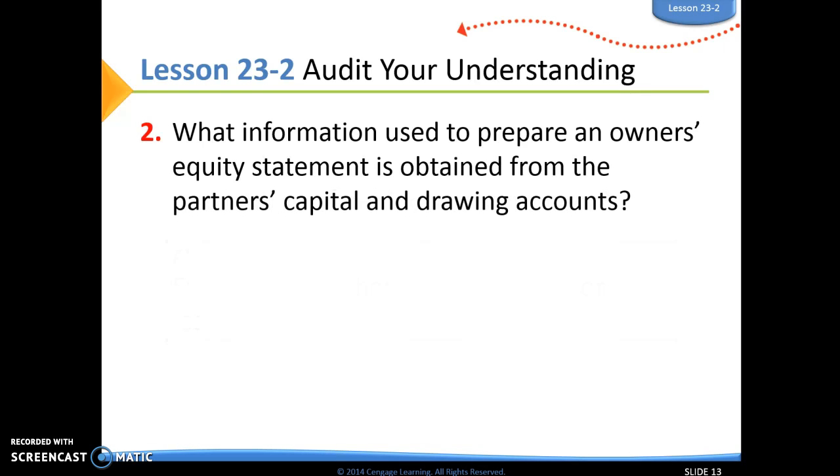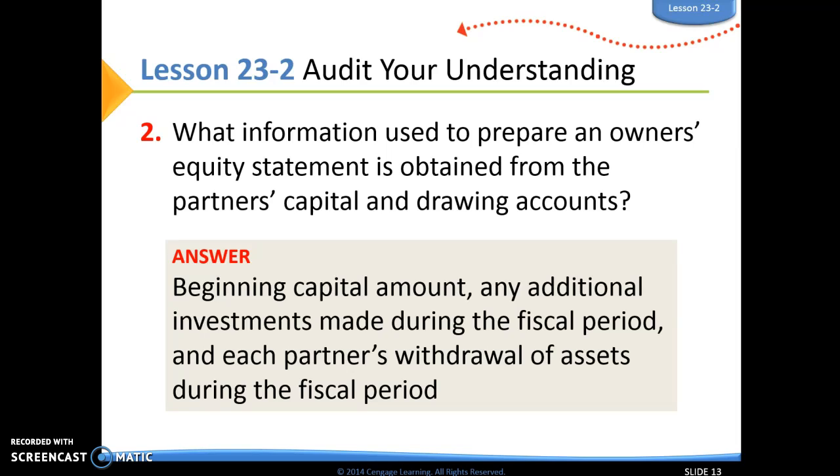Number 2, what information used to prepare an owner's equity statement is obtained from the partners' capital and drawing accounts? We need to know the beginning capital amount. We need to know if there were any additional investments during the fiscal period. And then we also need to know how much the partner withdrew during the fiscal period.